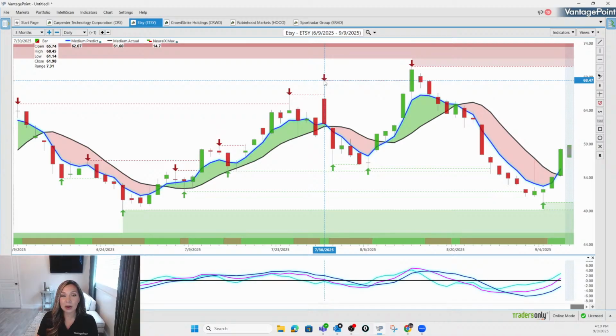So we can see our resistance level was established here on 7/30. In fact, we really have a resistance level that was established back here on 6/9. Now, I say 6/9 because on 6/9, if you notice, we were unable to break this level on 7/24. So that resistance was established when that red arrow showed up.